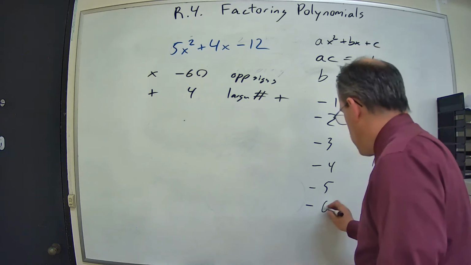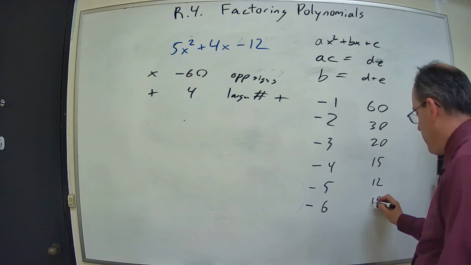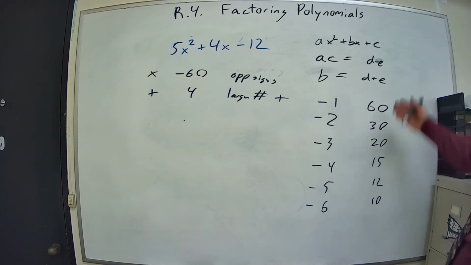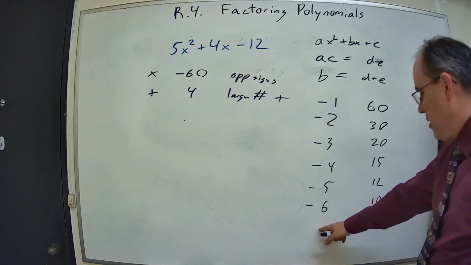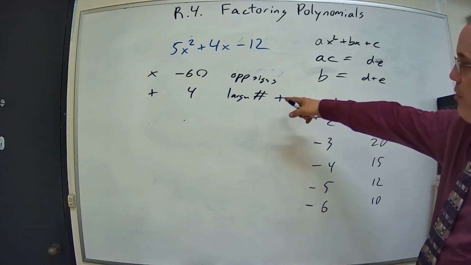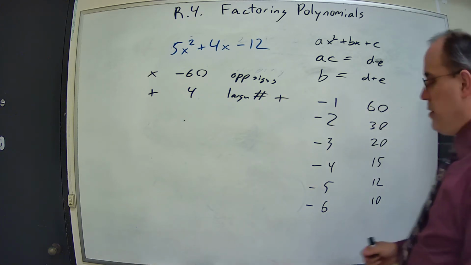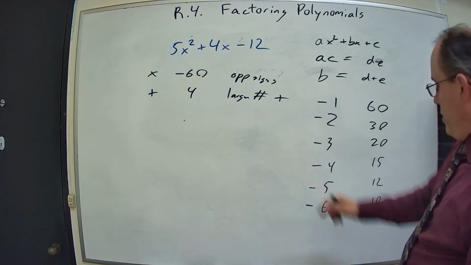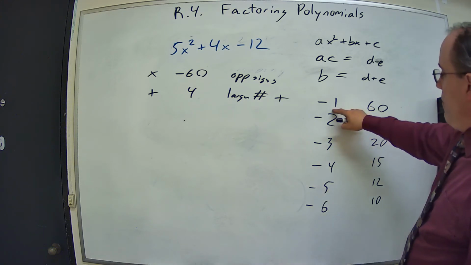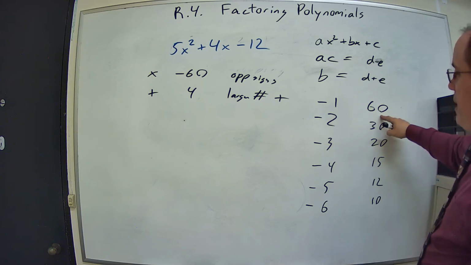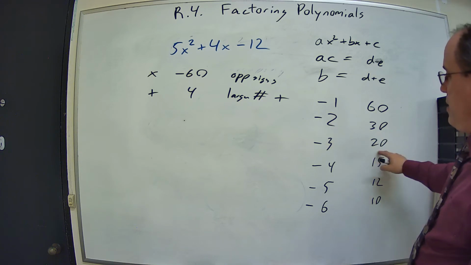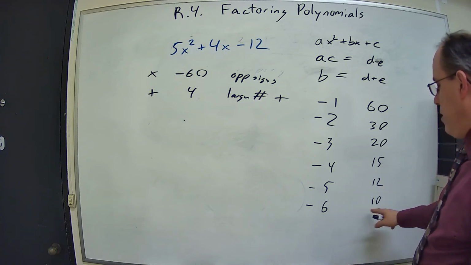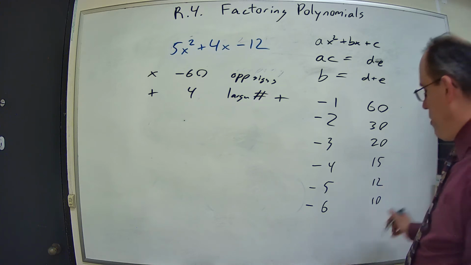Negative 6, positive 10. All right, and that's as far as we get until we get negative 10, positive 6. But we know that the larger number has to be positive. Okay, and because of that, we say, well, wait a second. If I add those up, I get 59. If I add these up, 28, 17, 11, 7, 4.